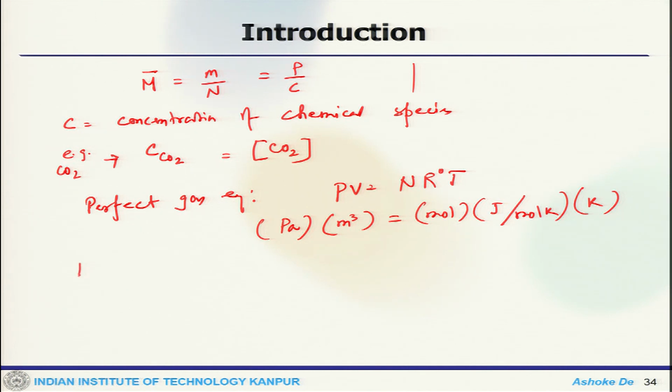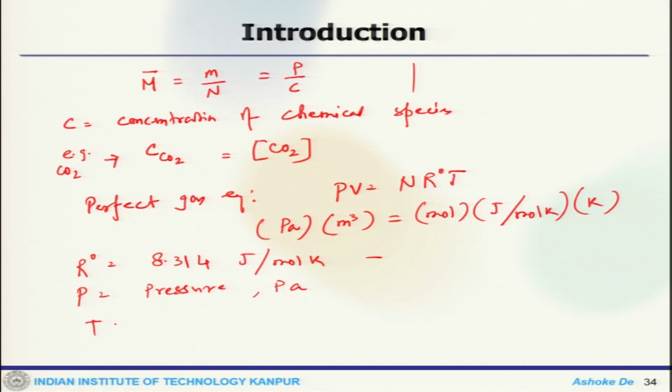The value of R naught is 8.314 joule per mole Kelvin, which is known as the universal gas constant. P is your pressure, unit is Pascal, and T is temperature, which is in Kelvin.